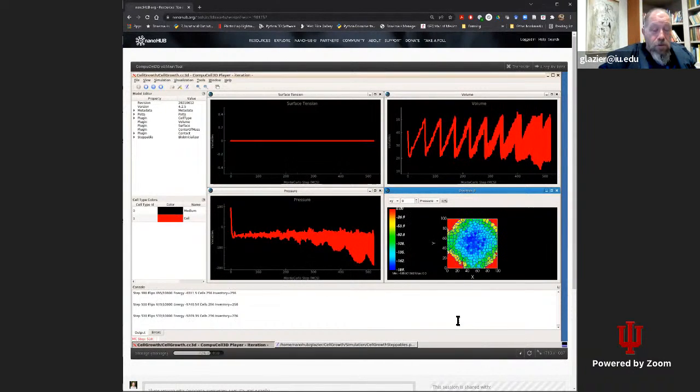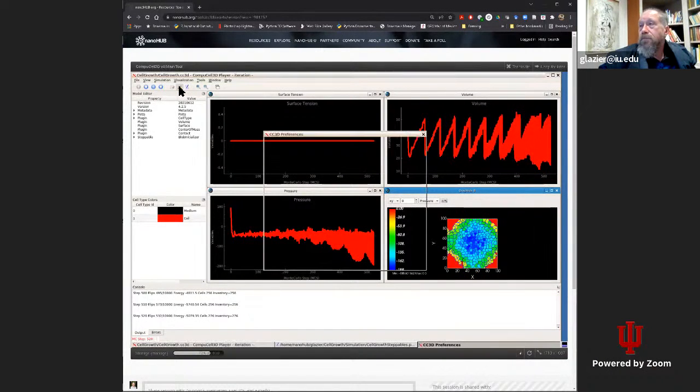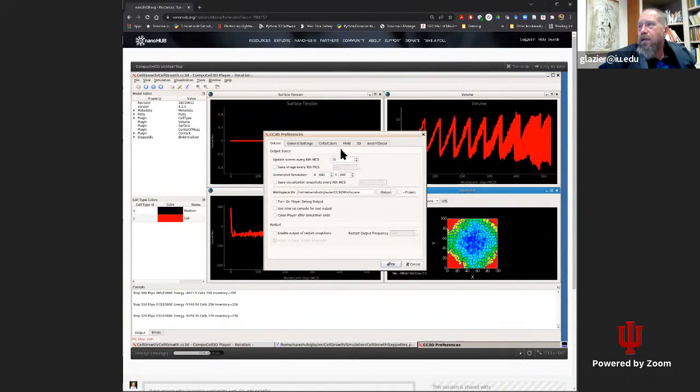And I should probably, Giuliano, you should probably be helping me show them how to do a movie, because saving these data sets is something. I've been asking people to do screenshots, but Compusal will let you, if you go under settings here, and go under output, if I click save image every n Monte Carlo steps, it will save the output to a file.